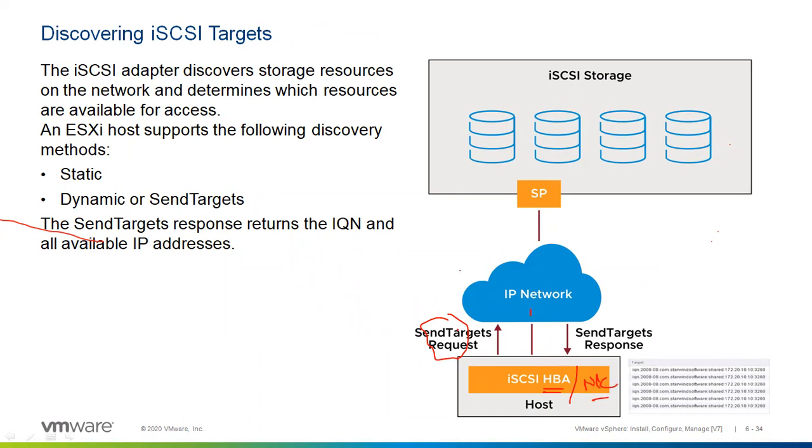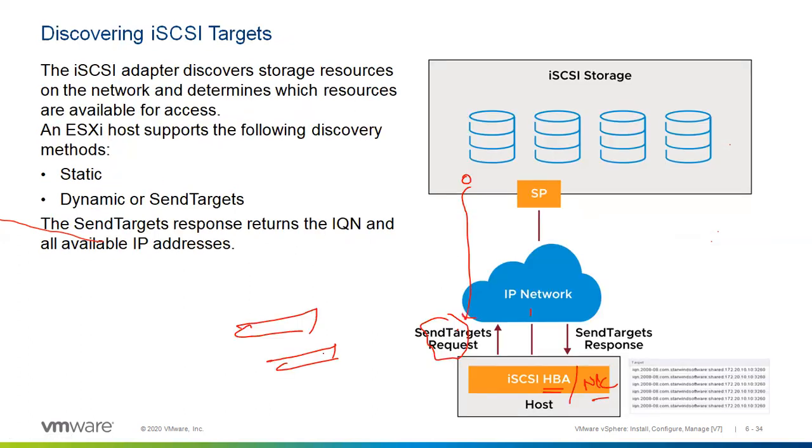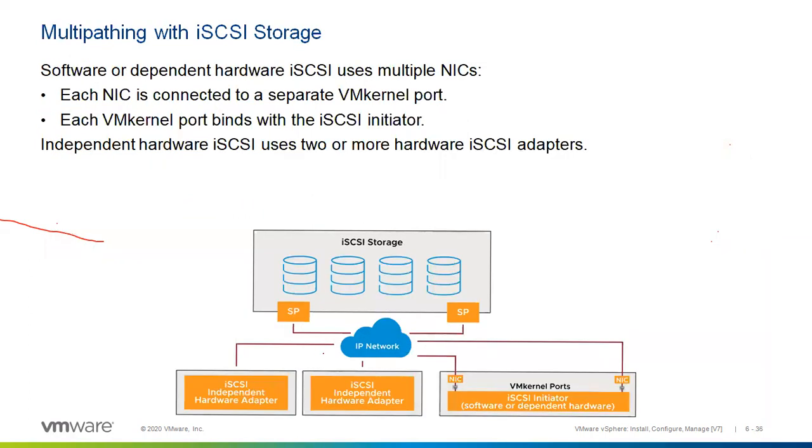This request will go to the target, and whatever the target has would be presented to my ESXi host as a LUN, and that would be further configured as a datastore. If we want an additional layer of authentication, we can add that, which is CHAP or something.